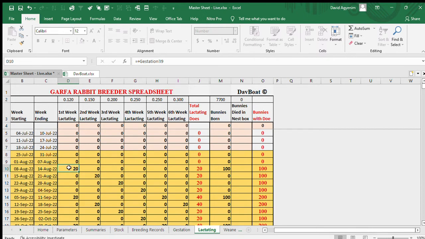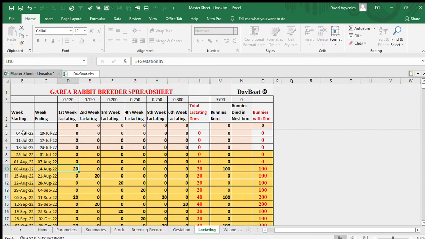Again, for an existing farm, if you take the spreadsheet and you are starting, you go to your farm and check the number of does breastfeeding in their first week. You put it according to the date where you are starting from.